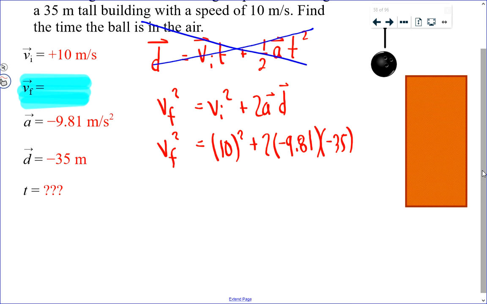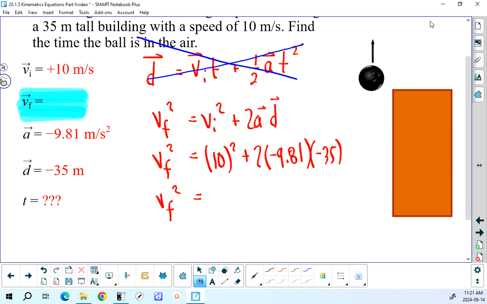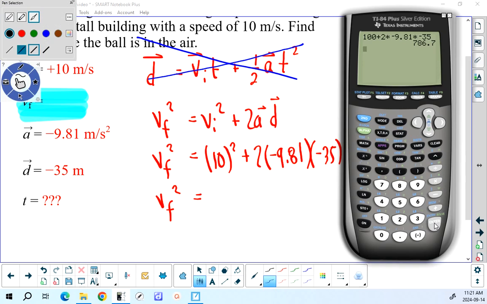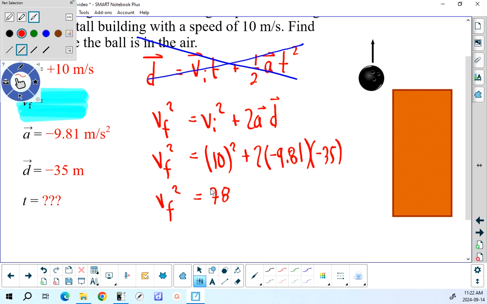And we can calculate what we get for VF squared. I have to take 10 squared, which is 100, plus 2 times negative 9.81 times negative 35, and get this number, 786.7. And then we take the square root.